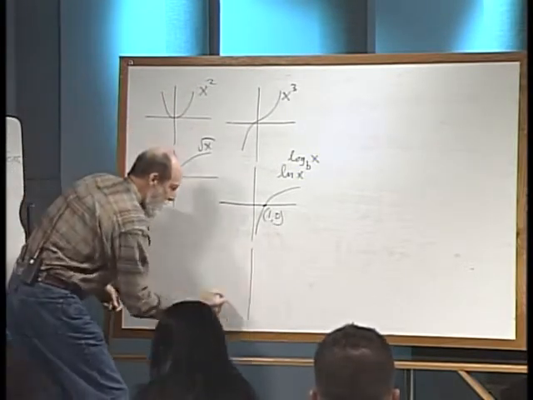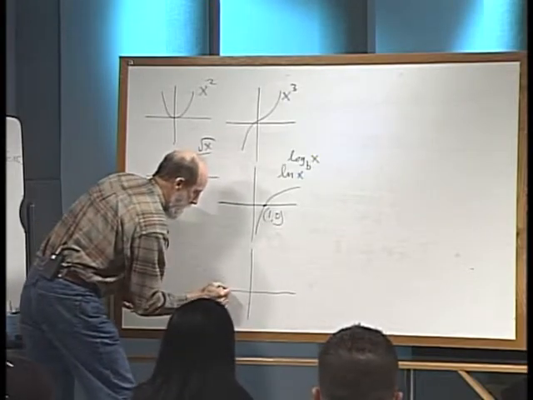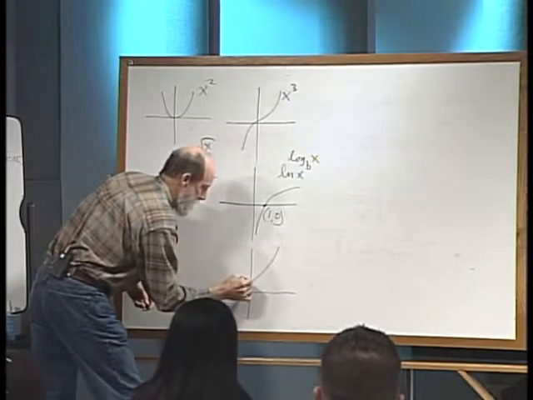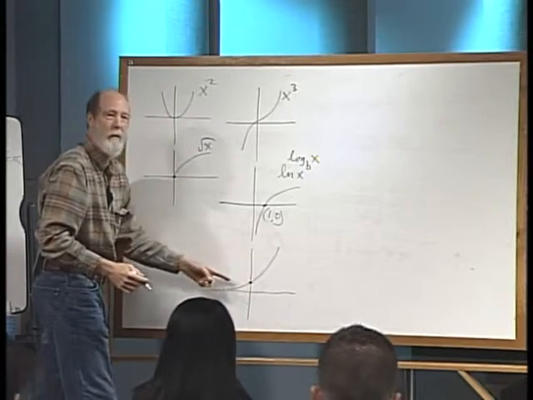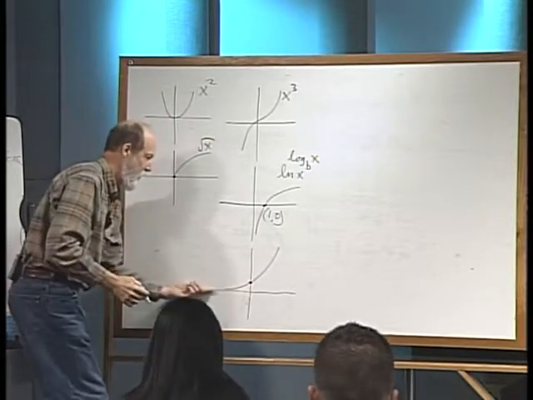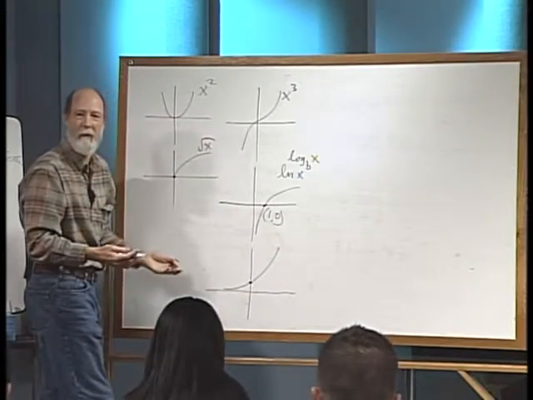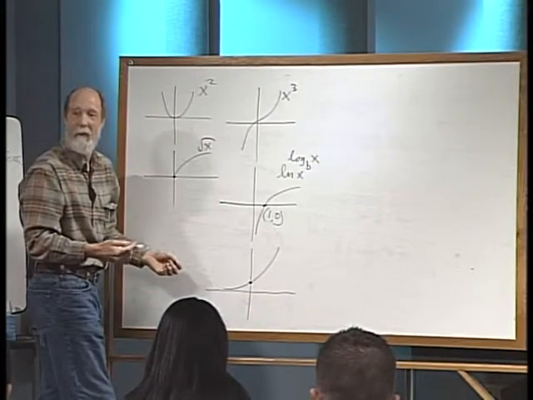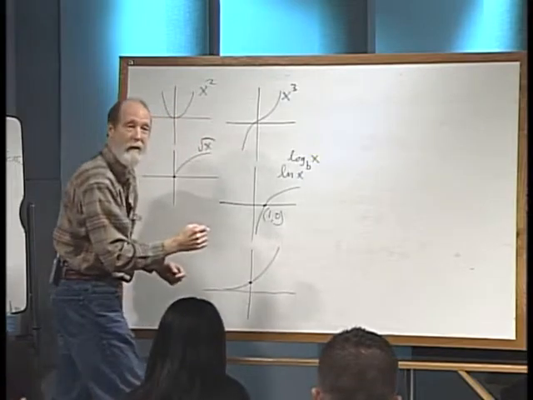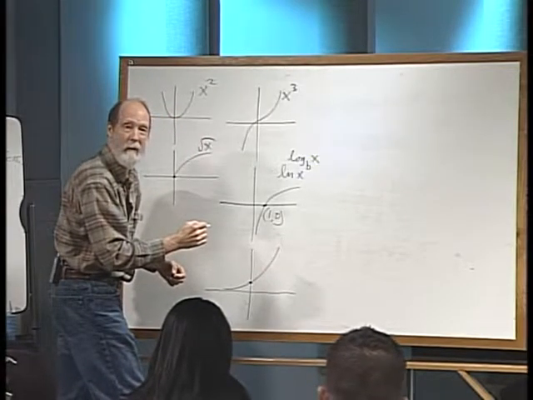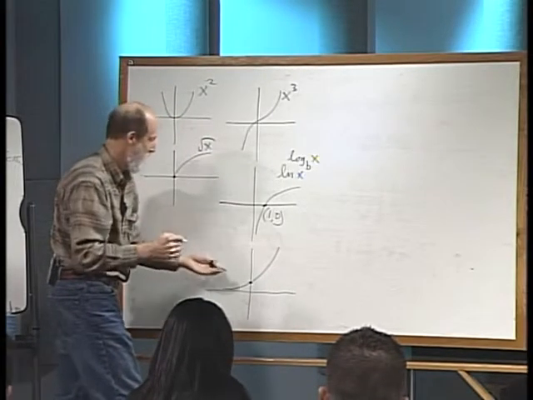How about this one? Now, again, a couple of you be quiet. Horizontal asymptote, trending in this kind of way. What kind of function is it? Exponential function. For example, it could be bacteria growth.